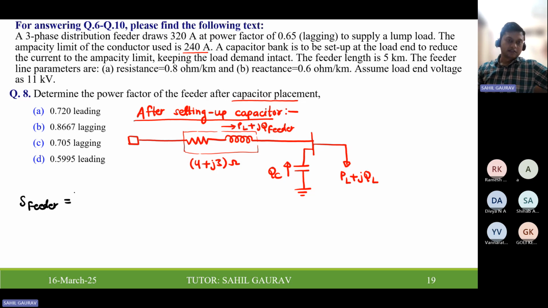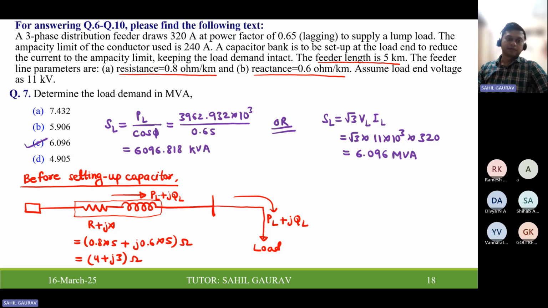So I feeder that is flowing through after capacitor is 240 ampere, and before capacitor placement I feeder is 320 ampere.